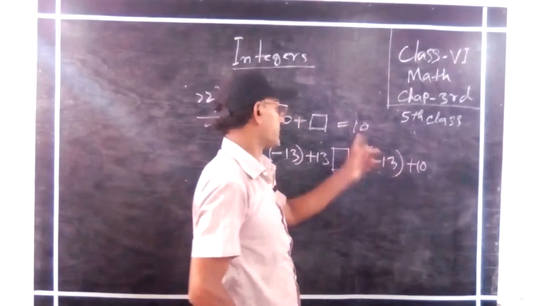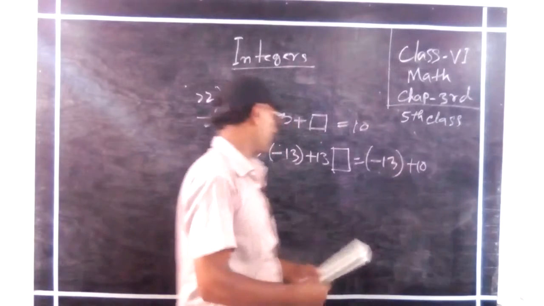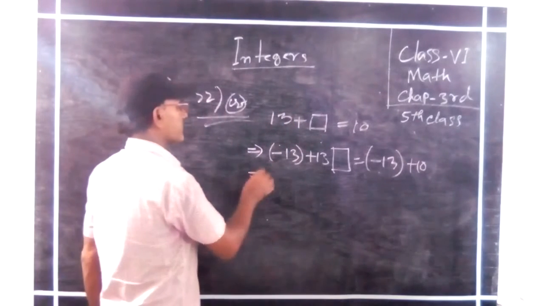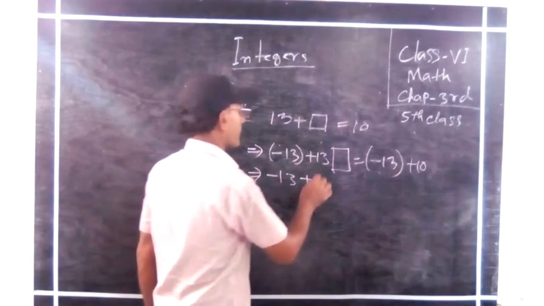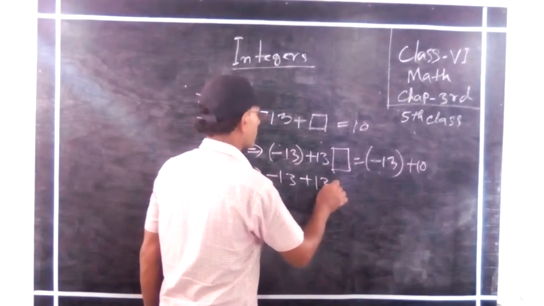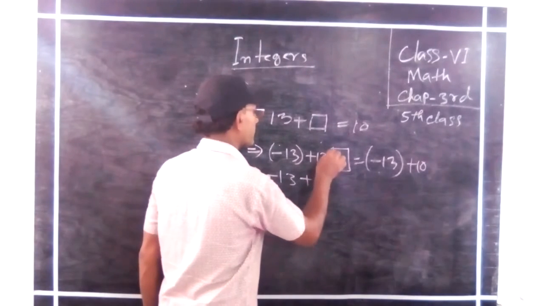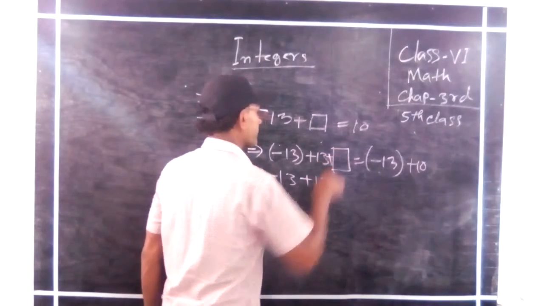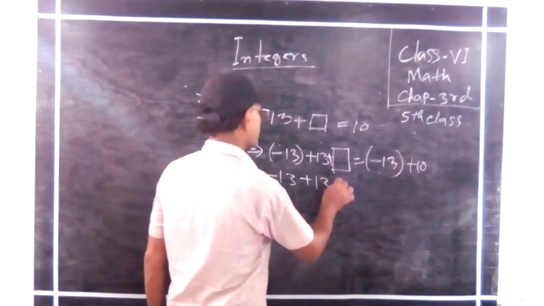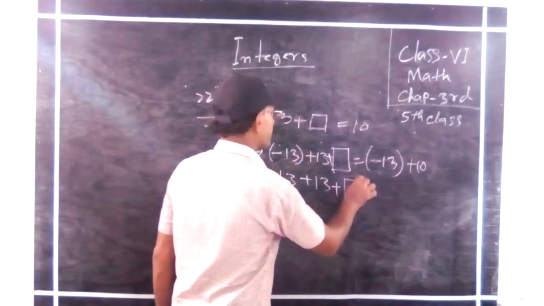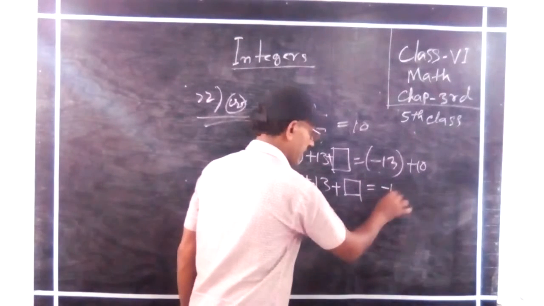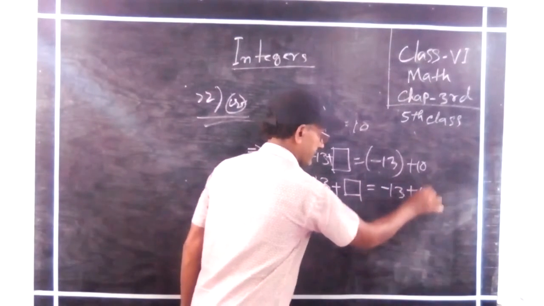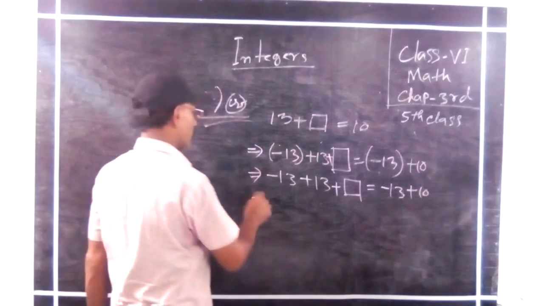Sorry, here plus empty cell equal minus 13 plus 10.